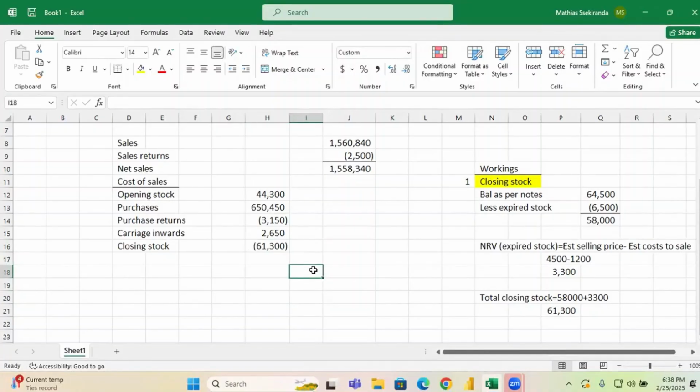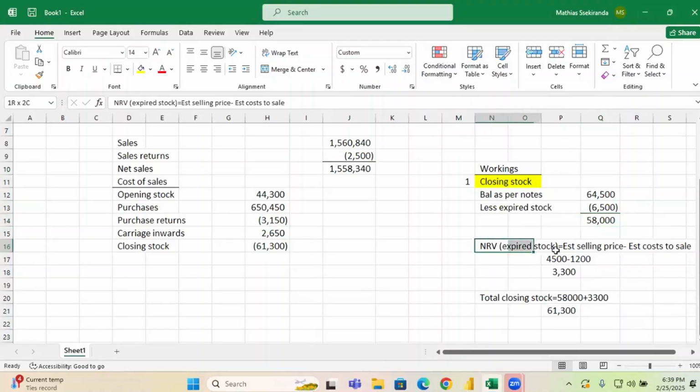I want to repeat this working. The cost of inventory the examiner gave us includes a portion that is about to expire that we can't sell at 6.5. So the easiest way is to first less this cost of the inventory that you are going to sell below cost, so that what remains is the inventory that has no issues.